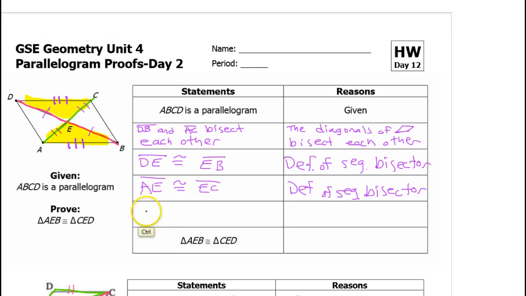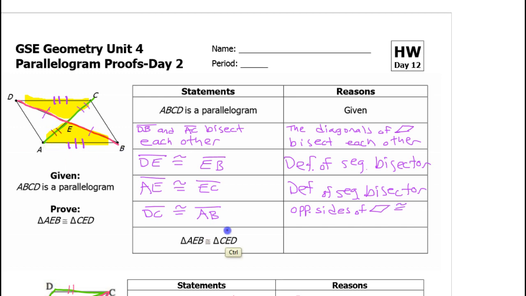Okay, so I could go ahead and say side DC is congruent to side AB, and it's because opposite sides of a parallelogram are congruent. So I could say opposite sides of a parallelogram are congruent.